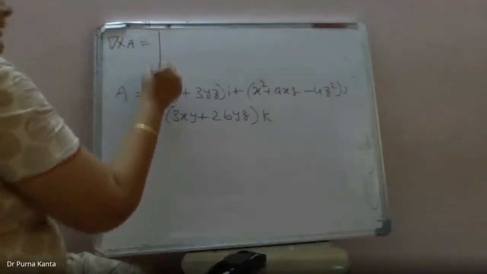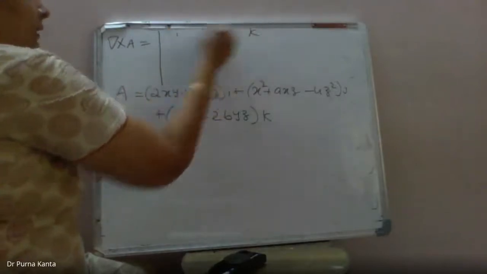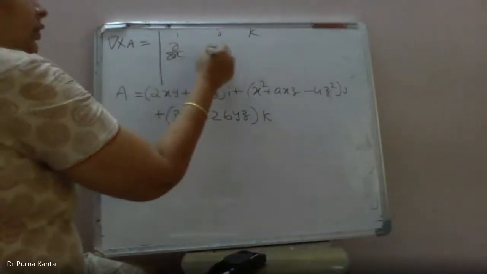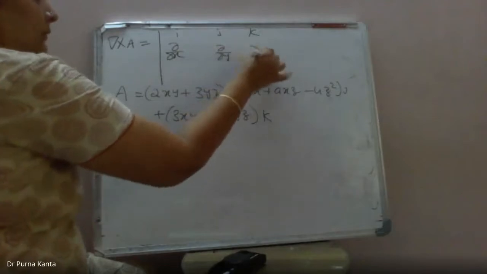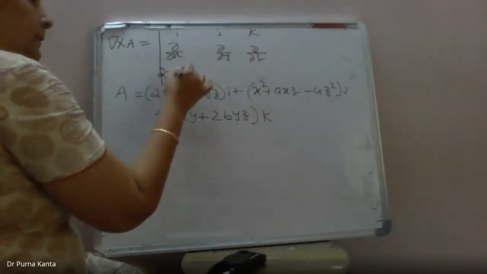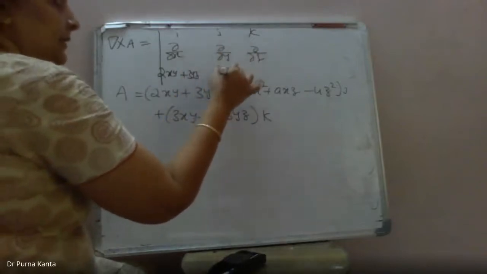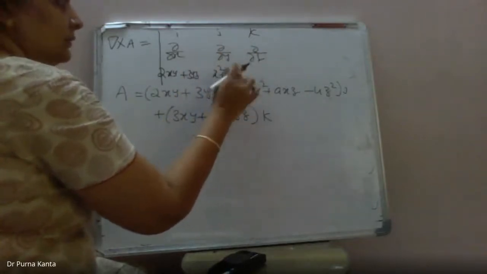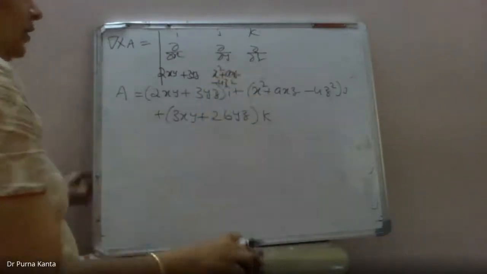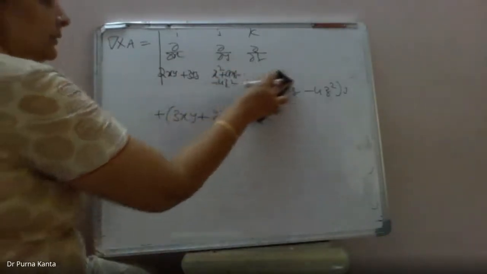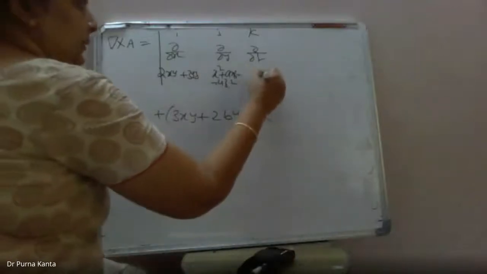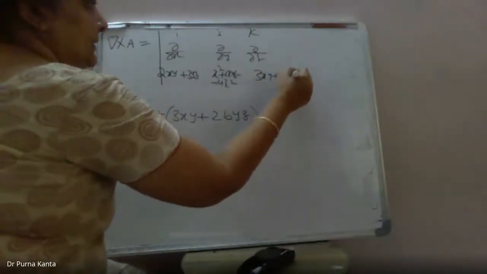Minus 4, ma'am. Del cross A is determinant of i, j, k, ∂/∂x, ∂/∂y, ∂/∂z, 2xy plus 3yz as the i component, x square plus axz minus 4z square as the j component, 3xy plus 2byz as the k component.